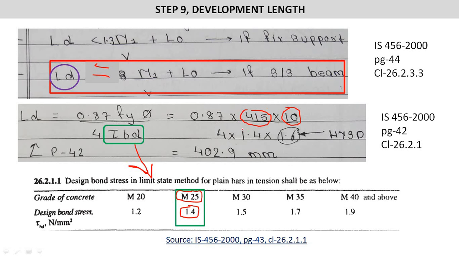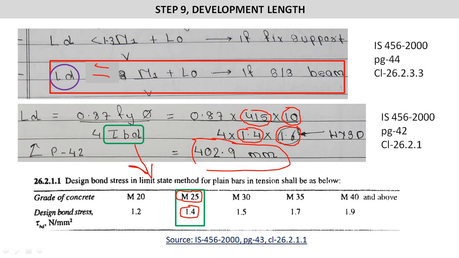So we have placed 1.4, and as it is HYSD steel, we have to multiply by 1.6. You can read clause 26.2.1 where the multiplication factor for HYSD steel is provided. So the value of LD we have already found as 402.9 mm.